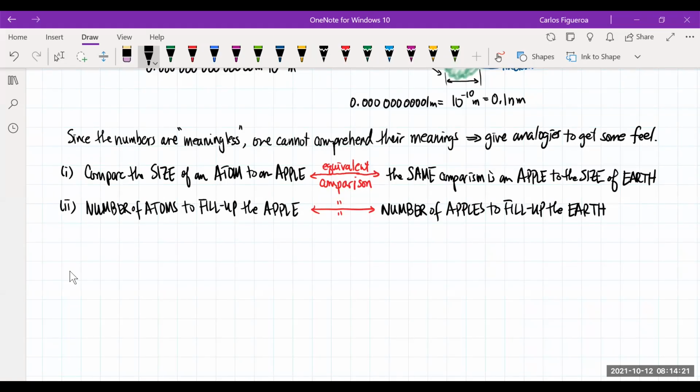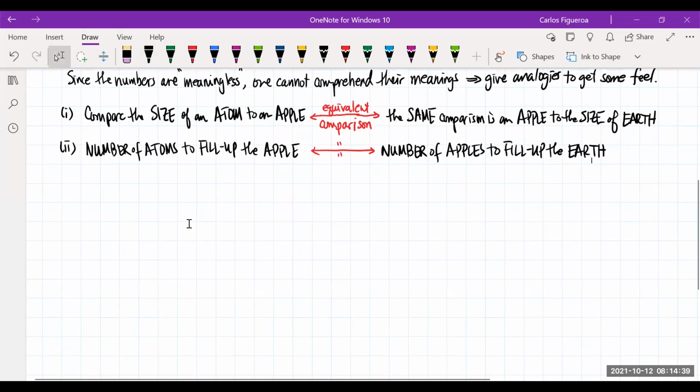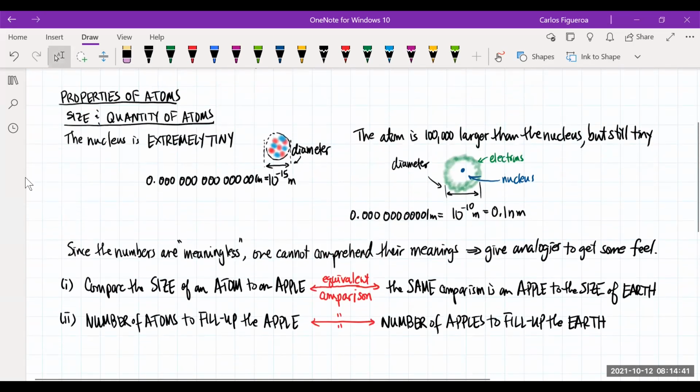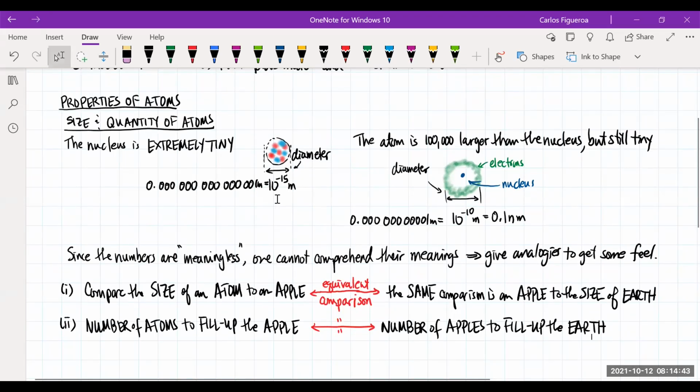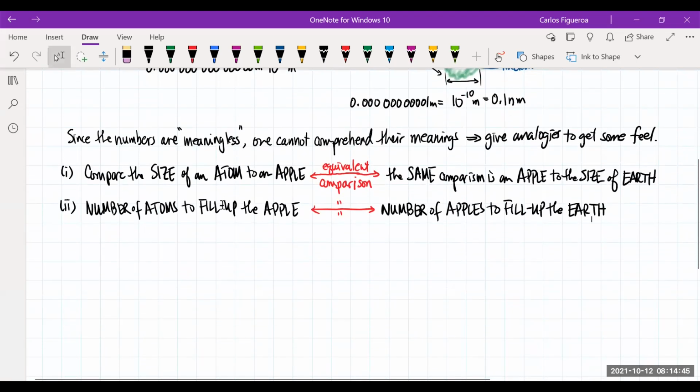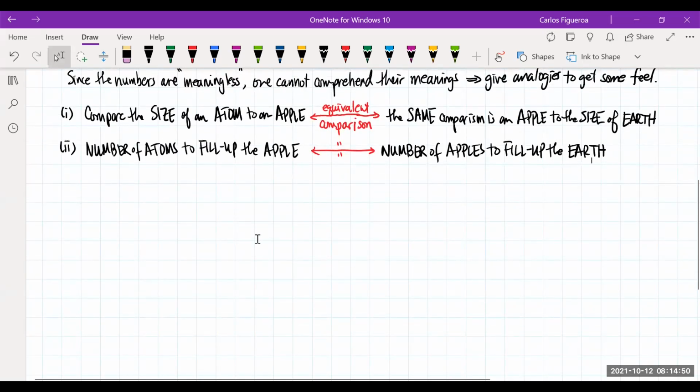And when you think about filling up the earth with apples, that is a staggering quantity of atoms in an apple. It's incomprehensible. That's what I mean by when we look at these numbers, they're meaningless. But when we start talking about the size and quantity of atoms, it starts to give us an image that there are a lot of atoms.